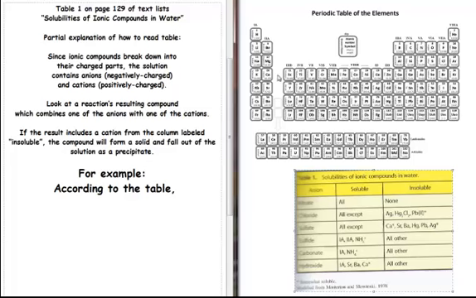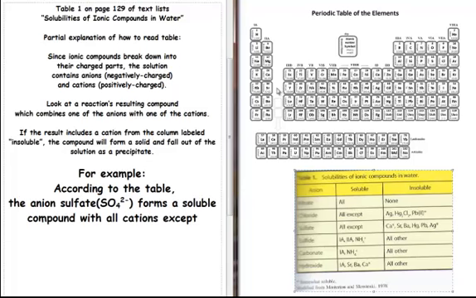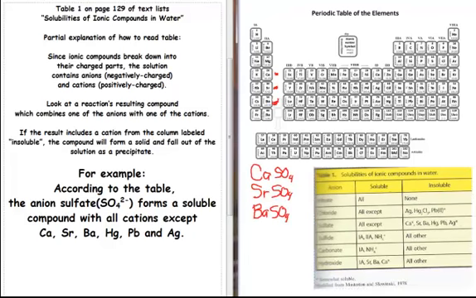According to the table, the anion sulfate, which you know is the polyatomic ion SO4 with a -2 charge, forms a soluble compound with all cations except the ones listed under insoluble: calcium, strontium, barium, mercury, lead, and silver. So we will end up with compounds calcium sulfate, strontium sulfate, barium sulfate, mercury sulfate, lead sulfate, or silver sulfate.